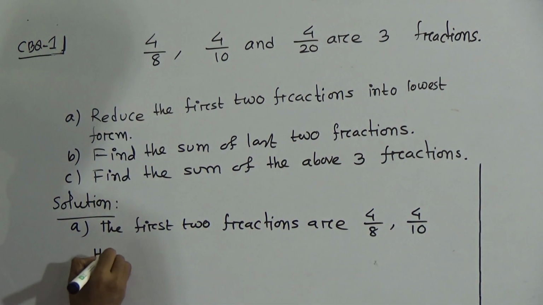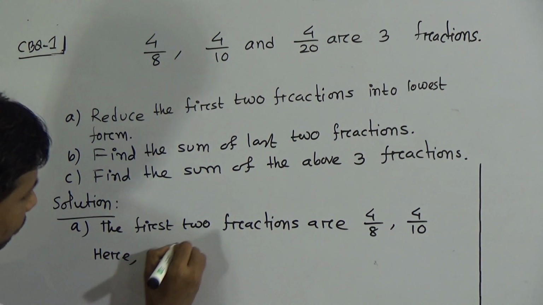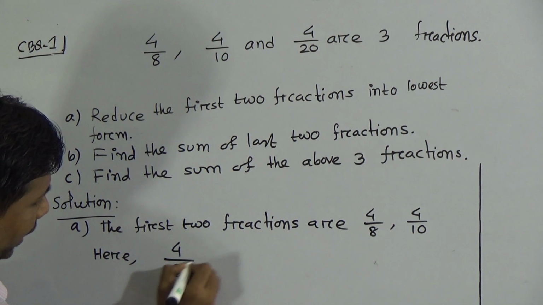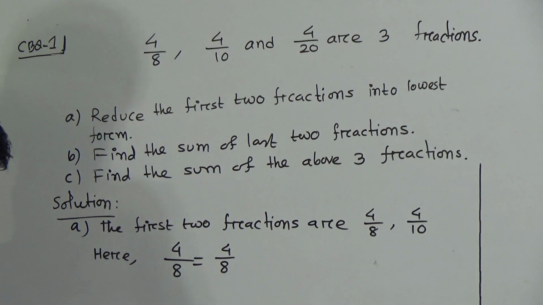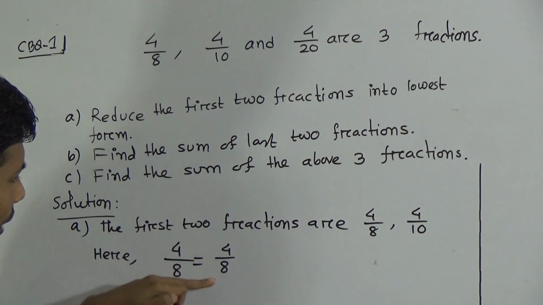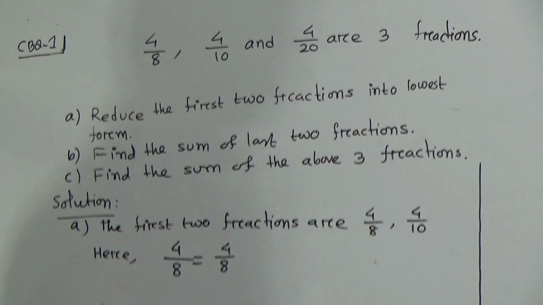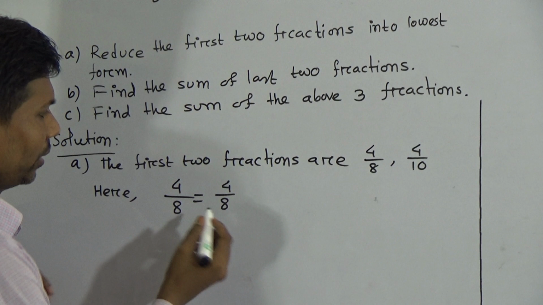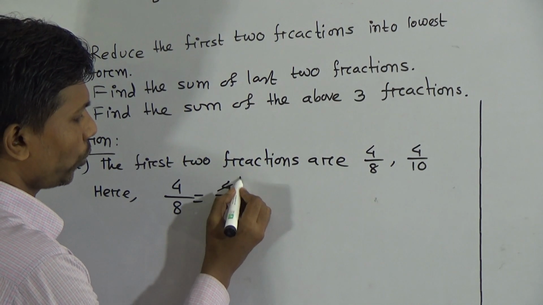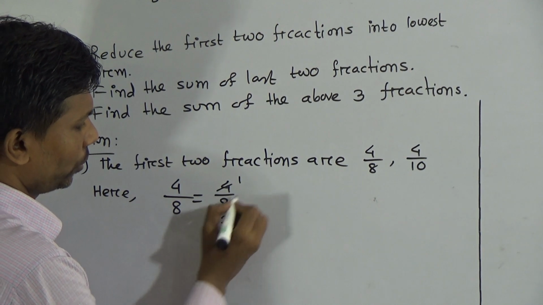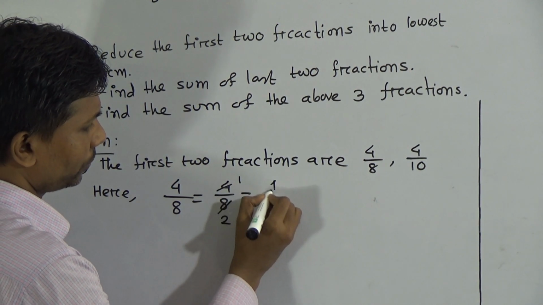Now write here 4 by 8. We know between 4 and 8, 4 is the common factor. So we have to divide both numerator and denominator by 4. Then you get 1, then you get 2. So 1 by 2.